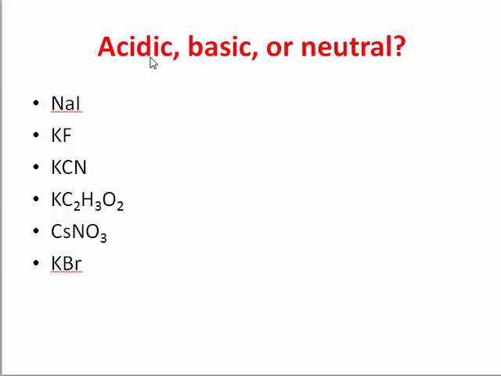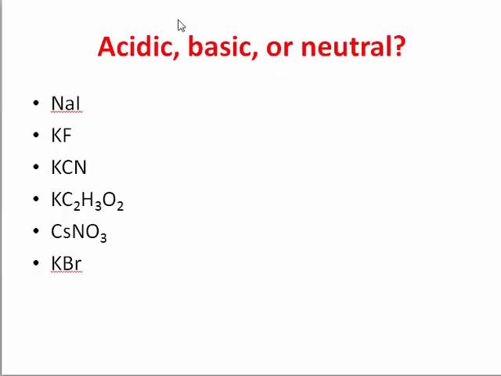Alright, now let's think about this qualitatively. Consider solutions of each of the following compounds. You should be able to determine whether they are acidic, basic, or neutral. Try this for each of the solutions listed before moving on.